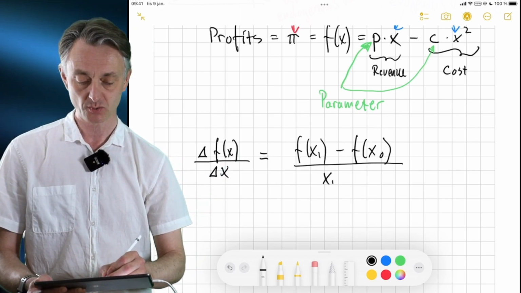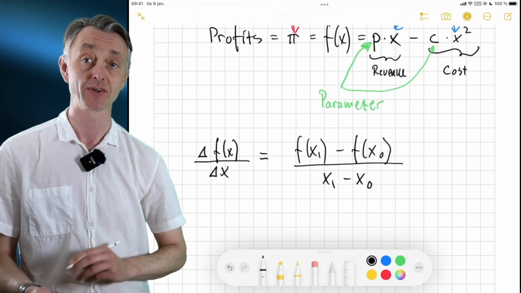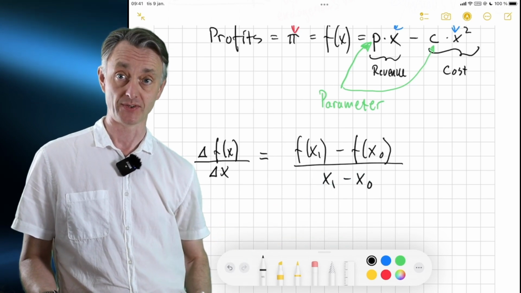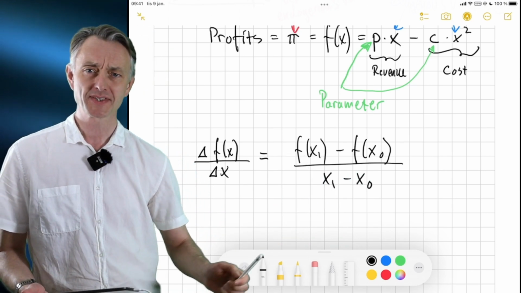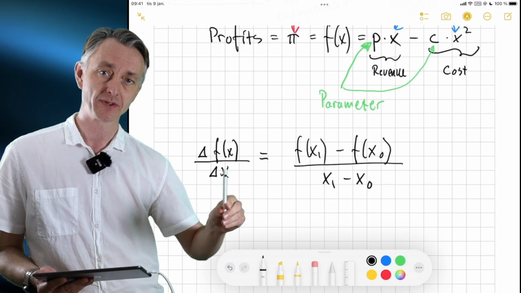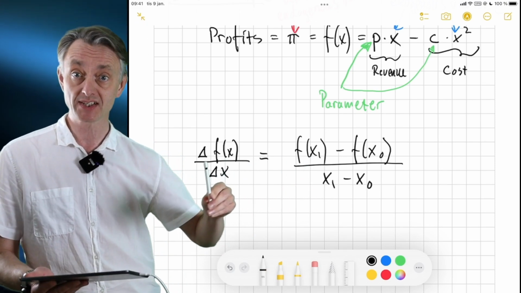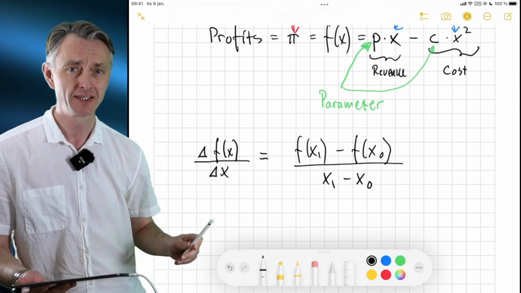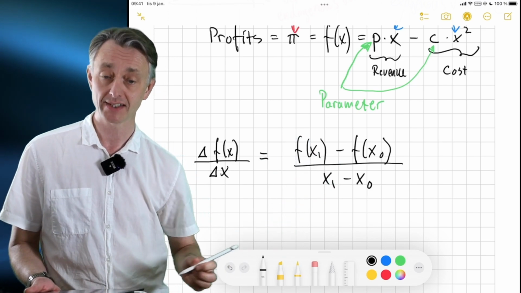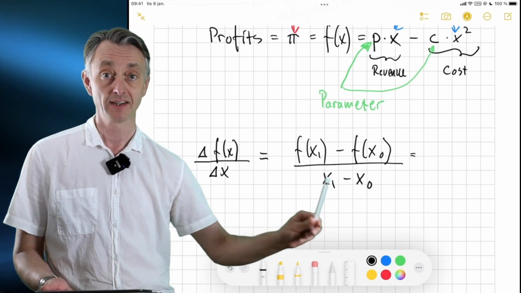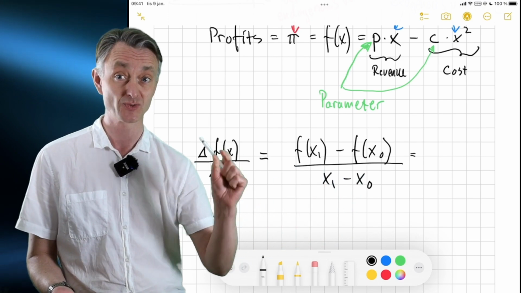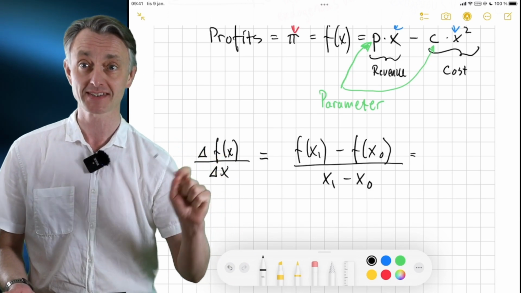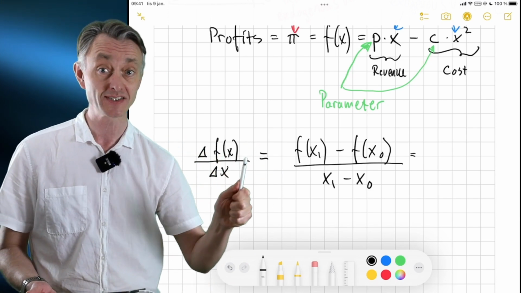So x1 minus x0. So if this was 3 and this was 2, there would be a 1 here, etc. Okay, and so this could be for any change, a big change or a small change mathematically, right? This change here could be 2 units or 5 units or 6 units. But mathematically, when we want to calculate the derivative, we want to have this change here in the denominator as small as possible in order to get a point estimate. In this point exactly, the slope is going to be this much, because this is going to be a slope, right?